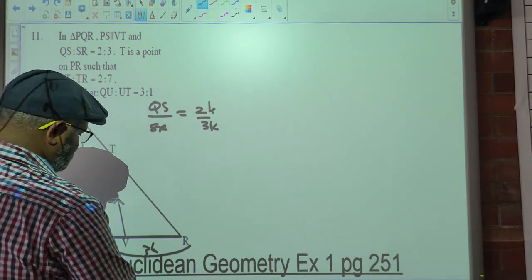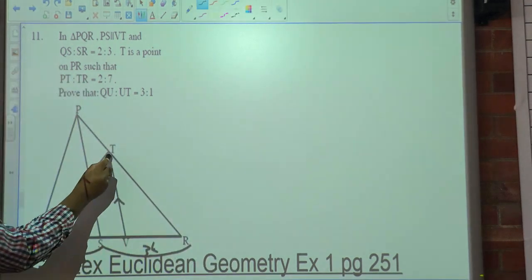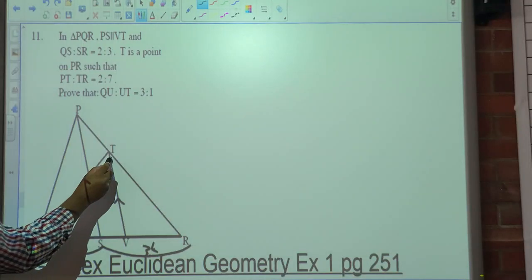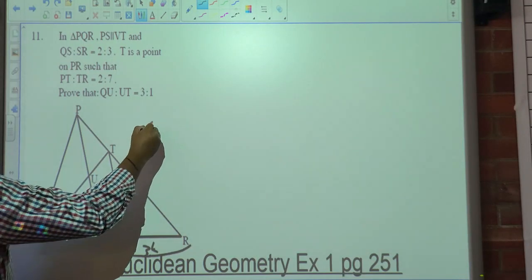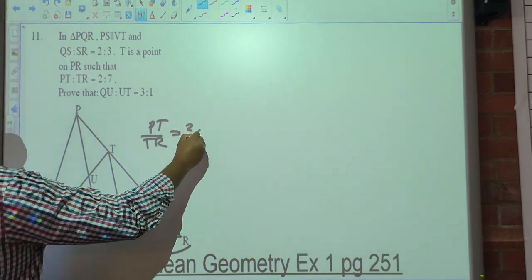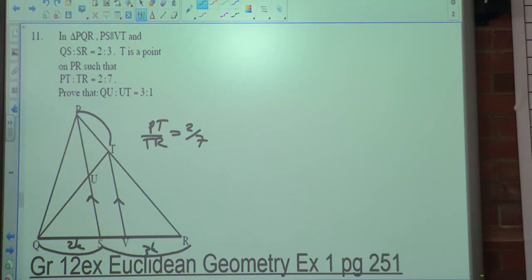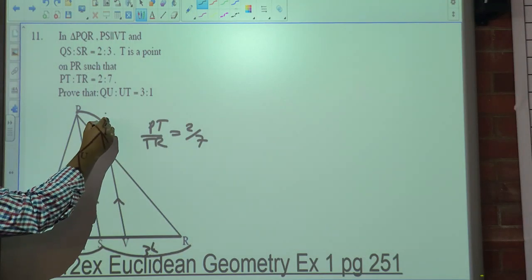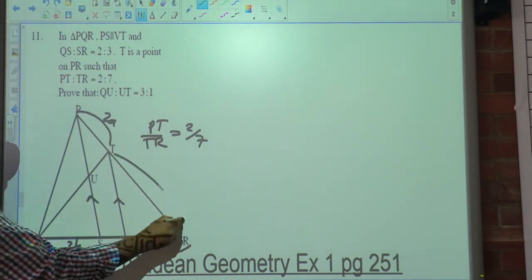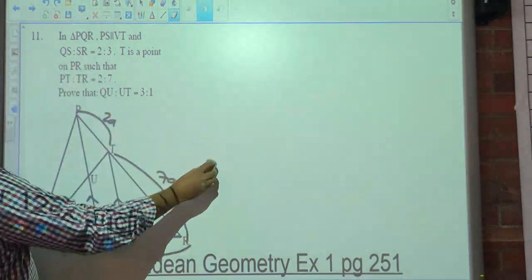T is a point such that PT is to TR as 2 is to 7. So what I'm going to use there is A. So it's going to be 2A, TR is 7A.